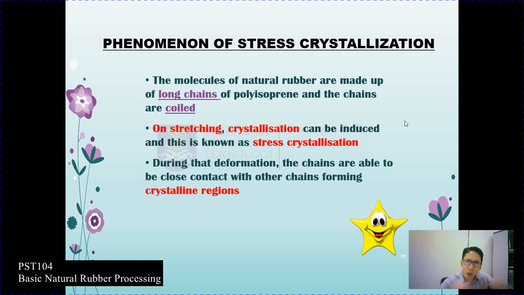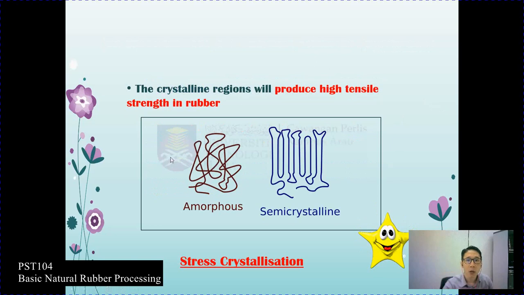So when you stretch a coil structure, they start to realign into a straight line formation, and with the straight line formation, they tend to be in close contact with each other. I think this illustration goes from the amorphous, the relaxed state.